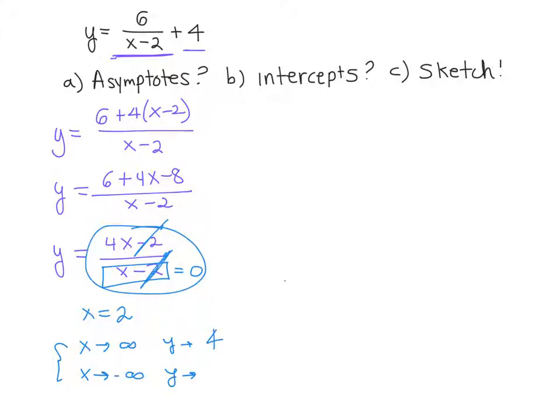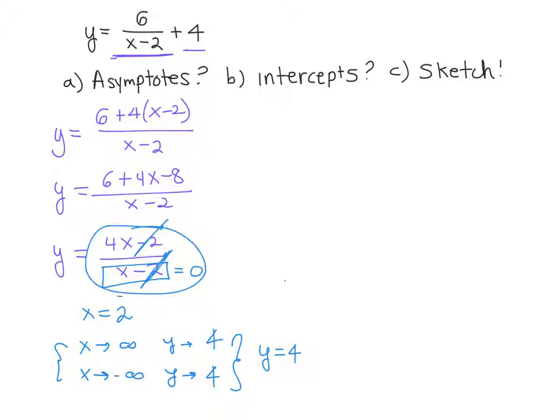The negative case is exactly the same logic. You have 4 times a negative really big number minus 2 over a negative really big number, again minus 2. That negative 2 is again so small that it's negligible, so you're getting a 4. So y equals 4. These two resulted in y equal to 4 being your other asymptote.